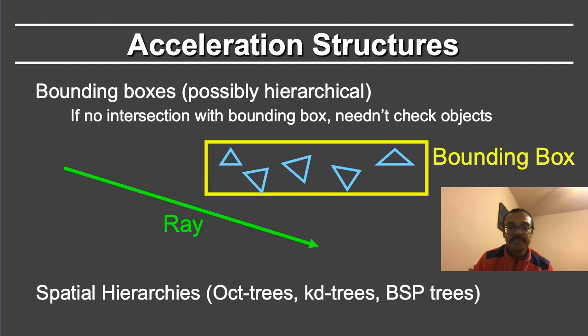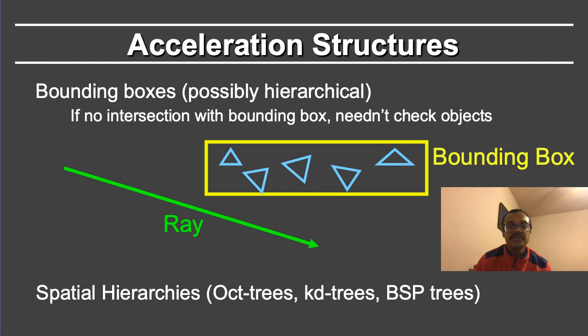One of the simplest acceleration structures is a bounding box. These bounding boxes can possibly be hierarchical, and we will refer to them as the bounding volume hierarchy later. As you can see in this example, you have a number of triangles which are covered within this volume of this rectangular box, which is known as the bounding box.